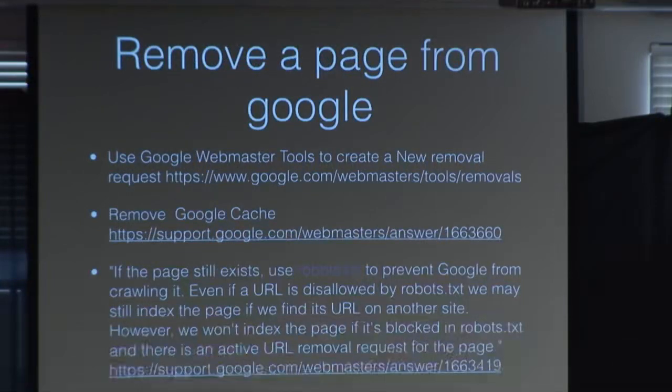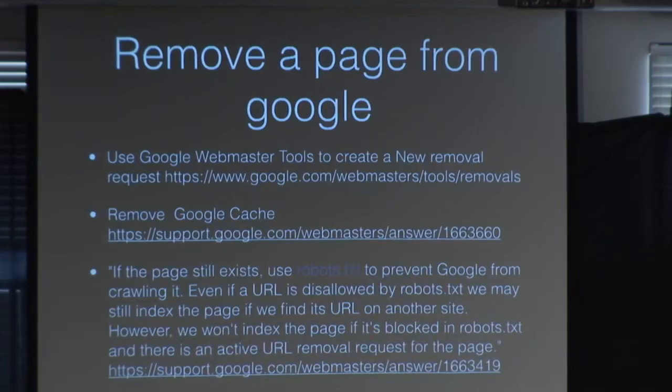If you have this problem and people are saying, hey, what's my information doing on your website for everybody to see, you want to make sure to remove these pages from Google. The people responsible for your website can use Google Webmaster Tools and submit a request to have a page removed. They'll want to do this for all the ones that have been leaked onto Google somehow.